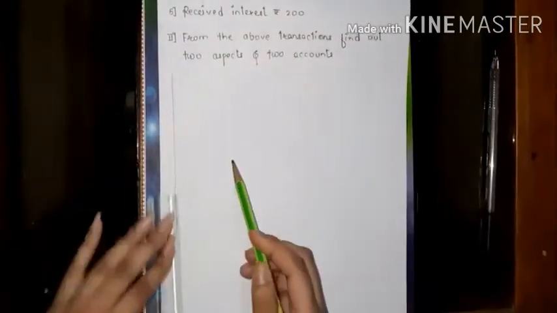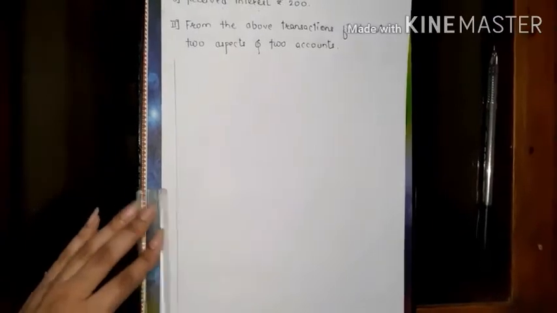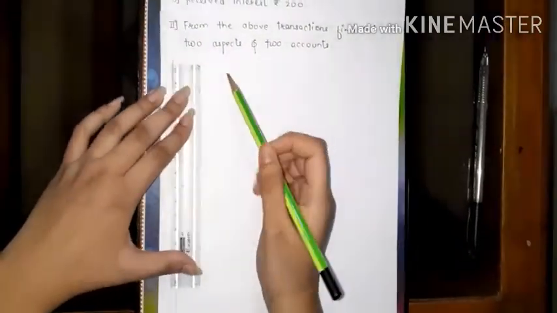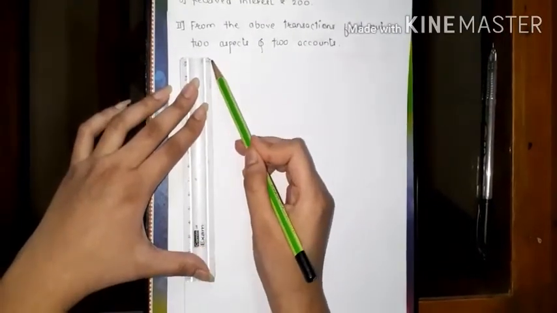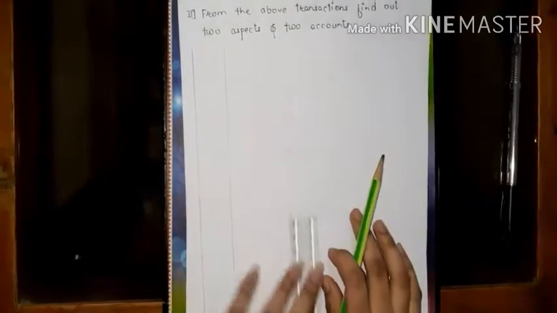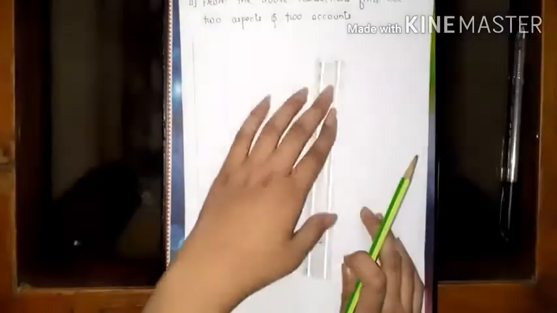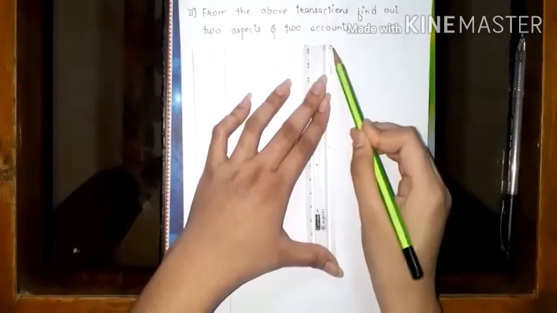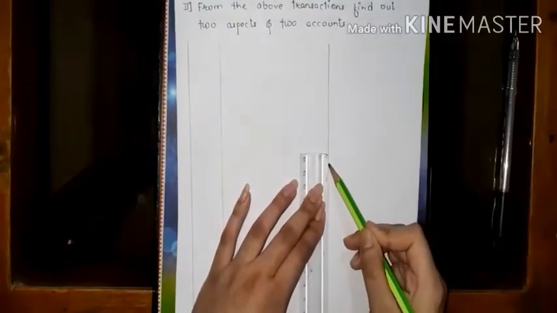Just draw a bigger format so that you can write it in a spacious way. Don't just write down the transactions closely for you to get confused. The more space you will keep in your sentences, the more you will understand it clearly.